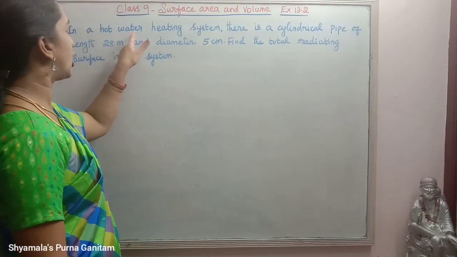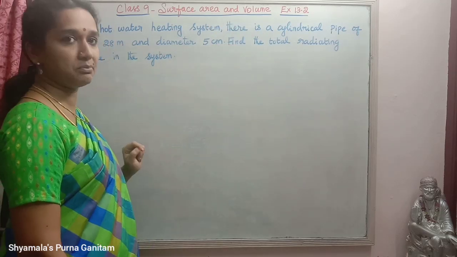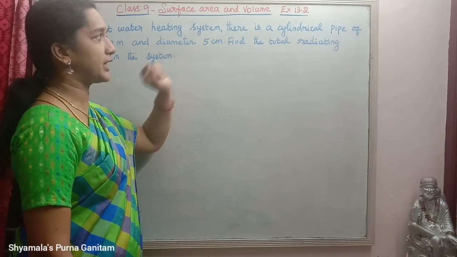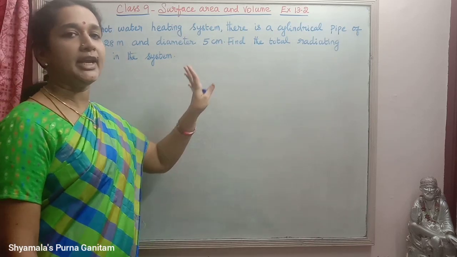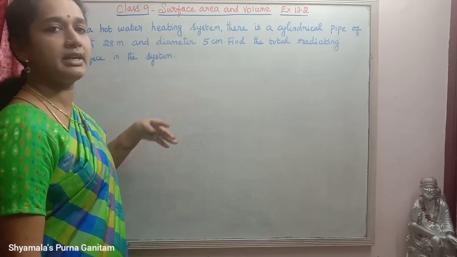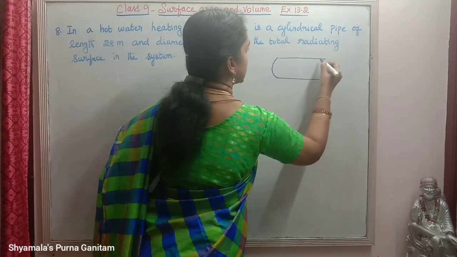The next sum: in a hot water heating system, there is a cylindrical pipe of length 28 meter and diameter 5 centimeter. Find the total radiating surface in the system. So the radiating surface is nothing but the cylindrical pipe.